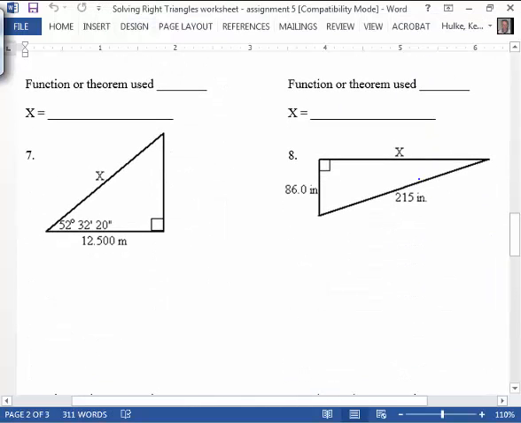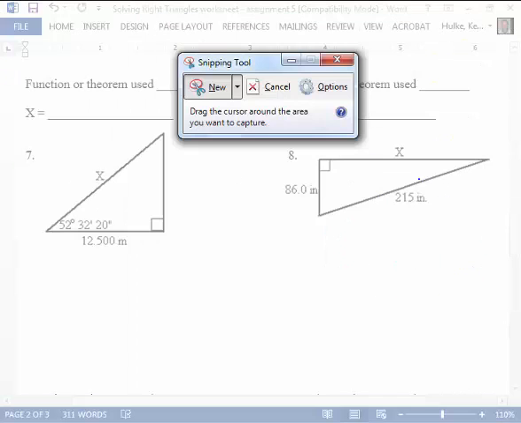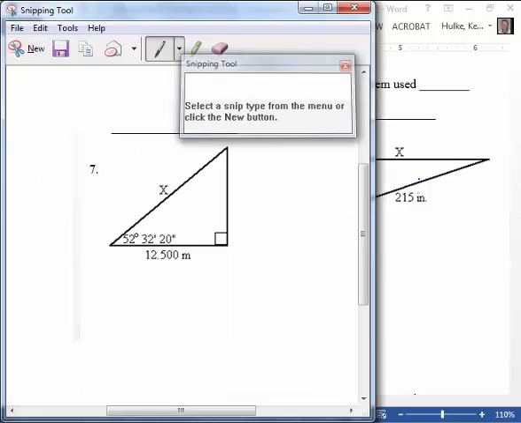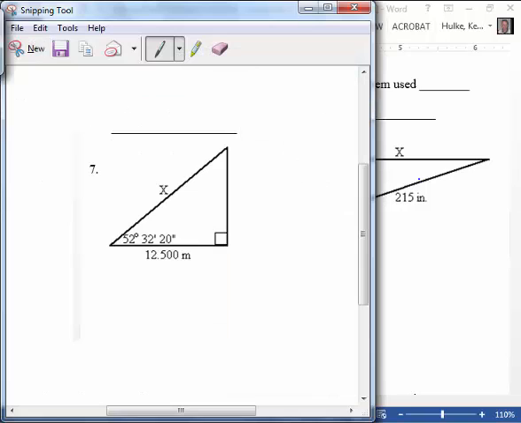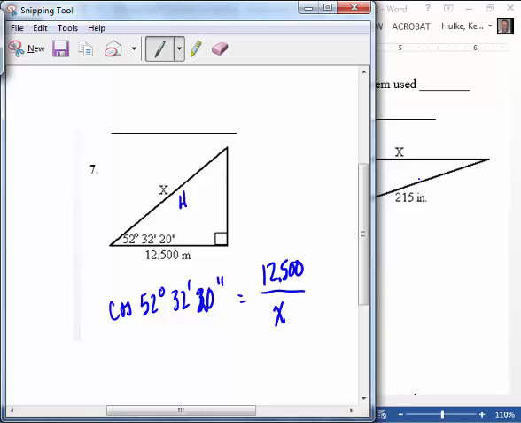Number 7. Okay, so this is the hypotenuse. So cosine 52 degrees 32 minutes 20 seconds is adjacent 12.500 over hypotenuse x.